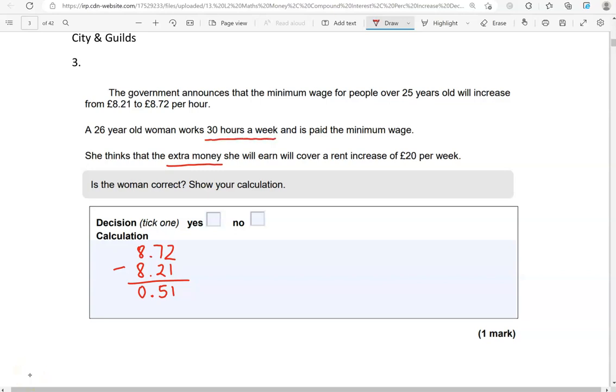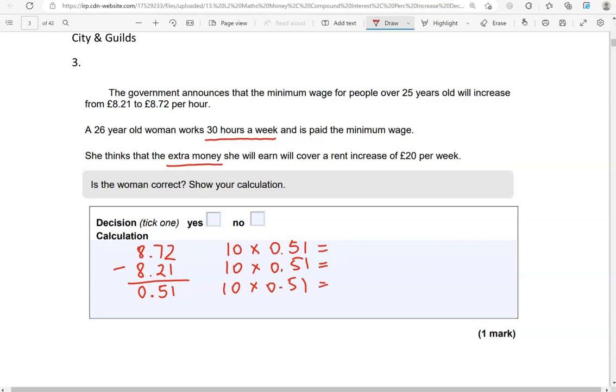So 30 hours a week means we've got to multiply 0.51 by 30. I'm going to break 30 down into 10 and 10 and 10. They all add up to 30. So if I do 10 times 0.51, and add the answers up, that will be the same as multiplying 30 by 0.51.